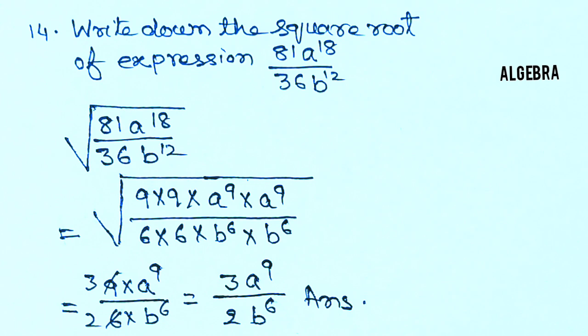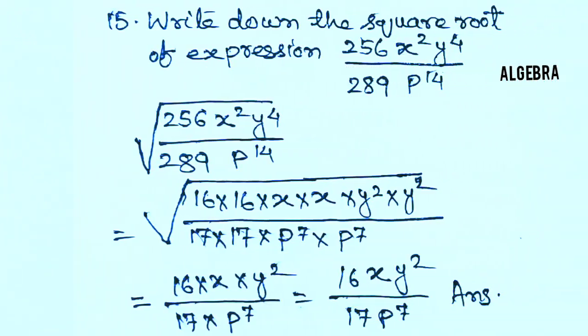Square root 81 a to the power 18 by 36 b to the power 12 is equal to square root 9 into 9 into a to the power 9 into a to the power 9 by 6 into 6 into b to the power 6 into b to the power 6 is equal to 9 into a to the power 9 by 6 into b to the power 6. Cut 6 and 9 by 3 is equal to 3a to the power 9 by 2b to the power 6. Answer.